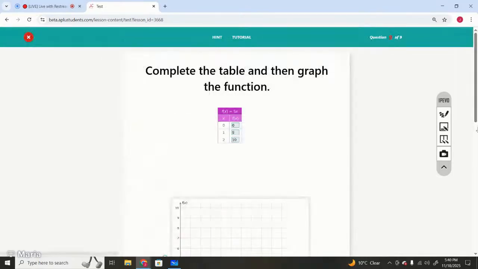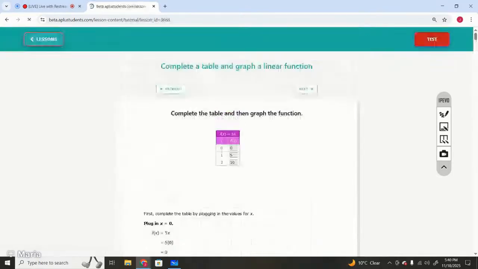Okay, you can complete the lesson by yourself later today. So we were working on grade 8 math. The chapter we were working on is functions.